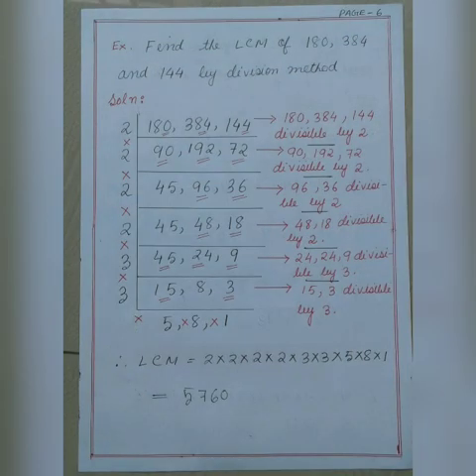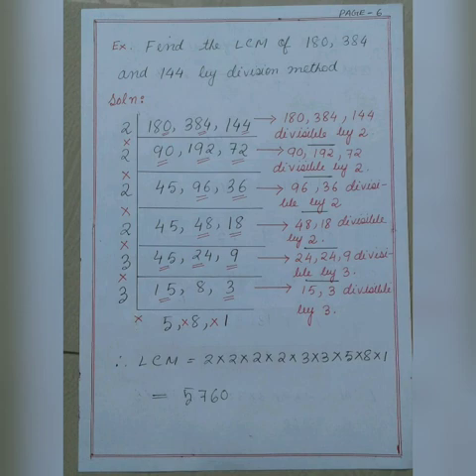Next example, find the LCM of 180, 384 and 144 by division method. I have written 180, 384 and 144 in one row separated by commas. 180, 384 and 144 are divisible by 2.